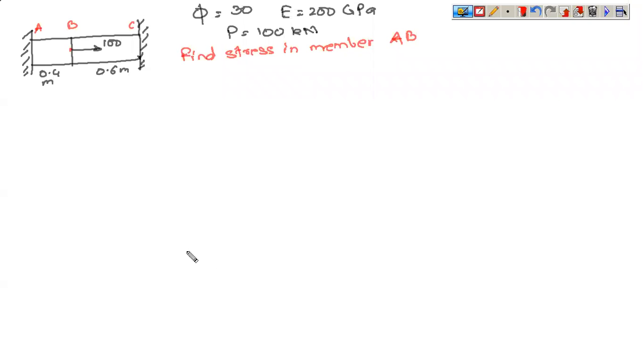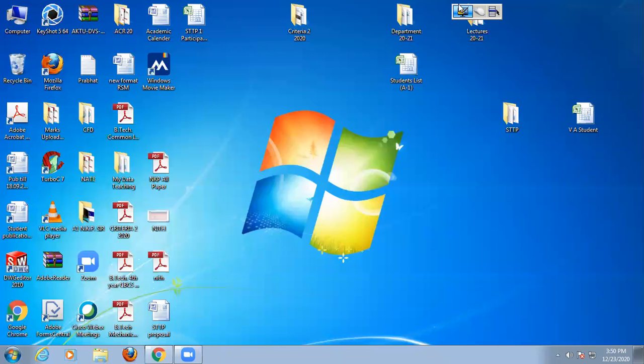You need to find out the stress in member AB. Okay. So if you look at this problem, it is clamped from both the ends. Okay. So clamped from both the ends means you arrive at something.